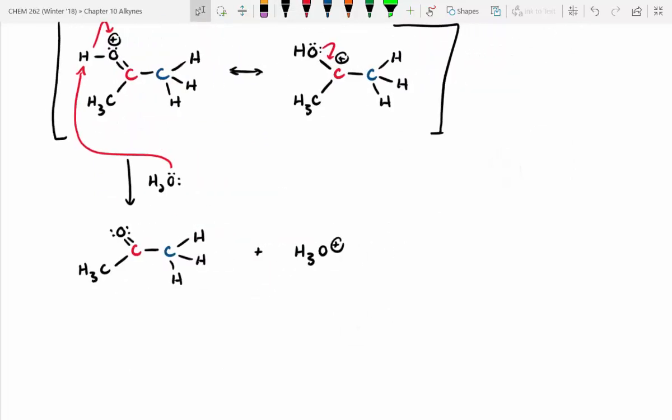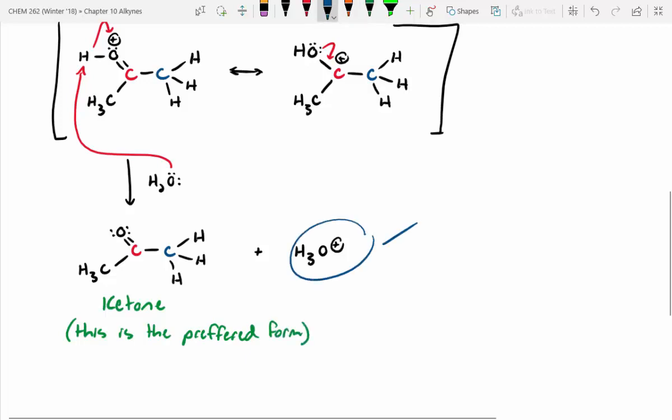What new functional group have we made? Ketone, exactly. And just like I said, the acid is catalytic, meaning it's regenerated during this whole process here.